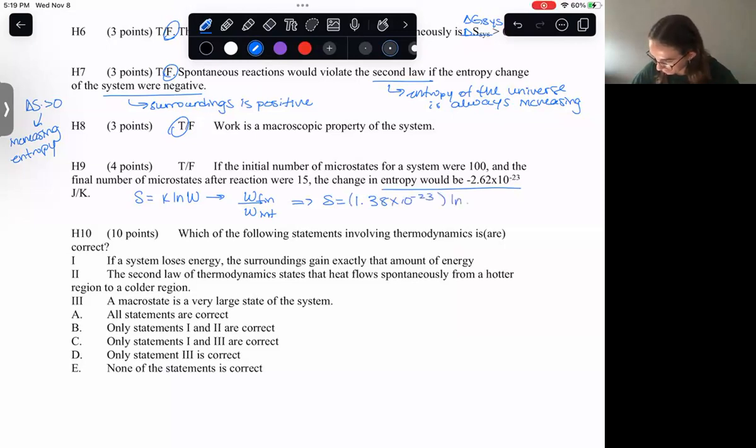And then we have the ln of, if the system was at 100 and is now at 15, which one is our final? Yep, our final would be 15 over 100. And we do end up getting that S is equal to negative 2.62 times 10 to negative 23. So this would be true.